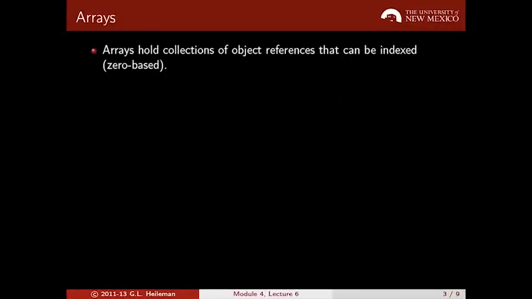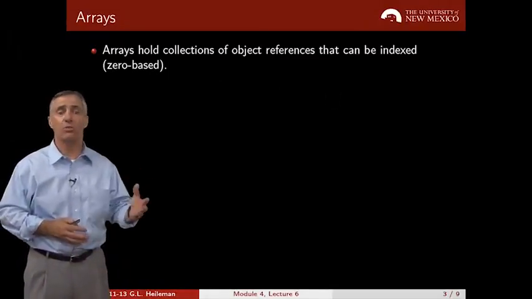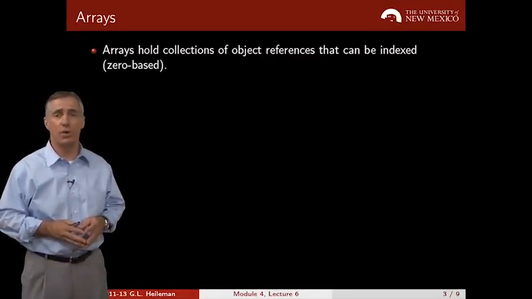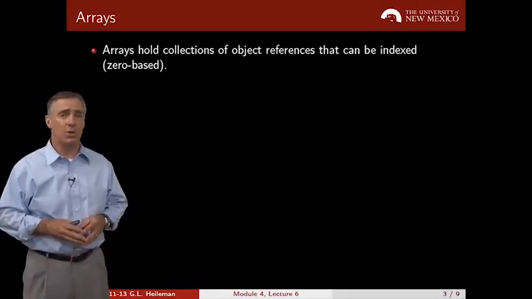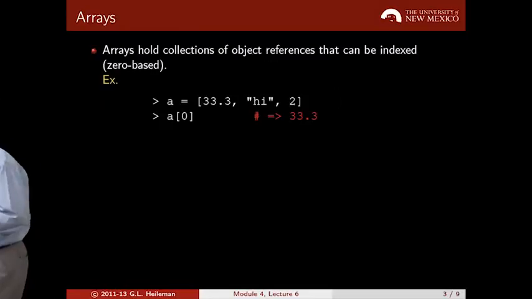So arrays hold collections of objects that are indexed starting at 0. So this is zero-based addressing. So if you want the first element in an array, you index location 0, 1, and so forth. With arrays, you can also store different types of elements. So here's an example. If you open up IRB and type a equals, the square bracket is how you open an array, and then you close it with the close square bracket.